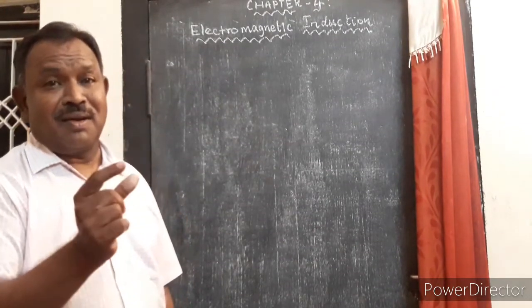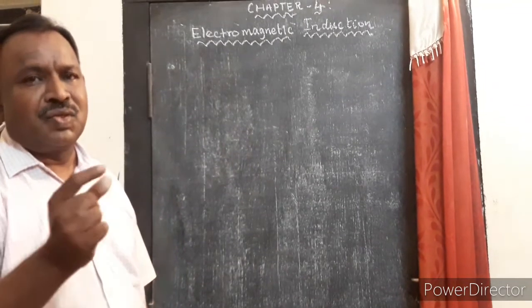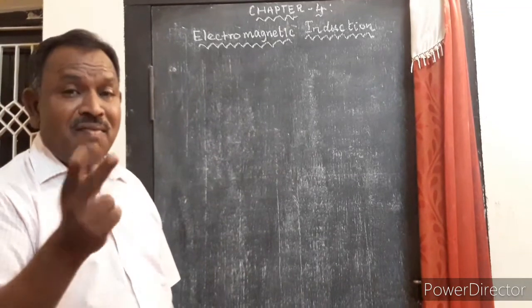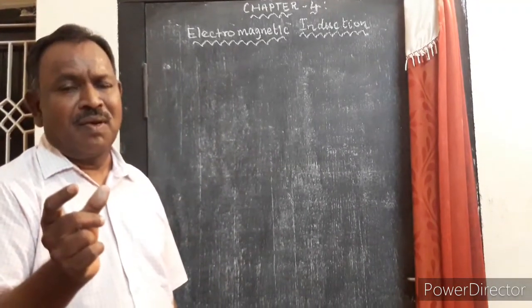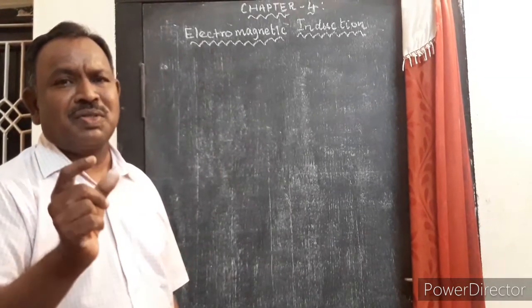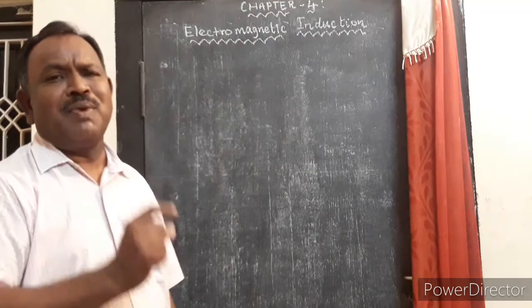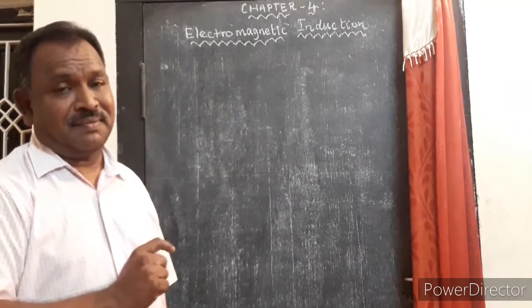Change in the current produces a magnetic field. So a reverse effect, change in the magnetic field, produces current. This experiment was conducted by Faraday.